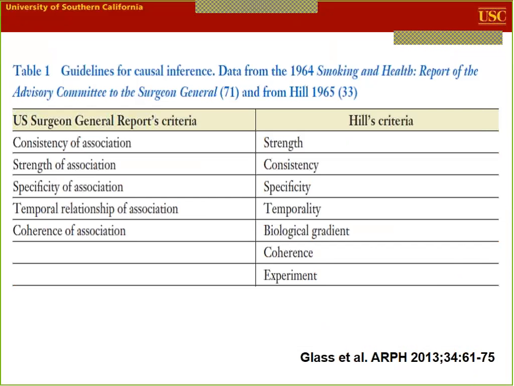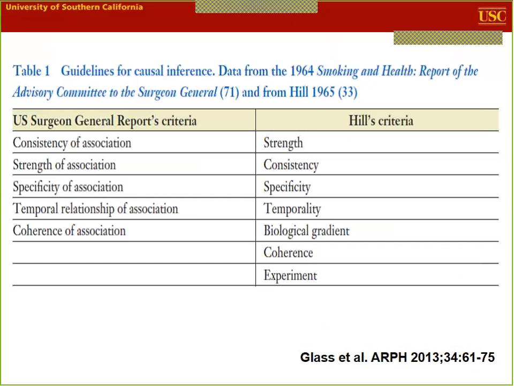So here are the criteria offered by the Surgeon General's report in 64, and also those proposed in 65 by Sir Austin Bradford Hill in a well-known paper. And again, there's a great deal of overlap between these guidelines, and what they say is to evaluate the evidence using these guidelines or criteria in a holistic manner.